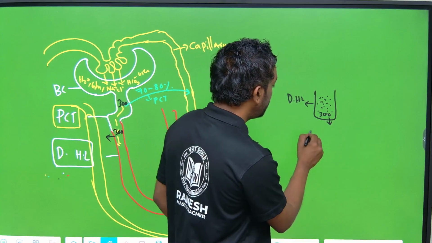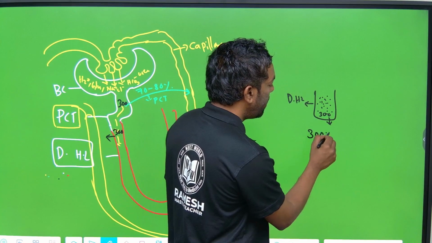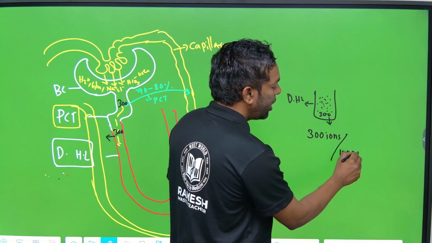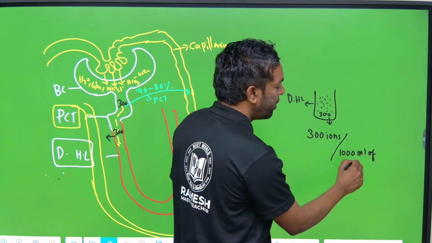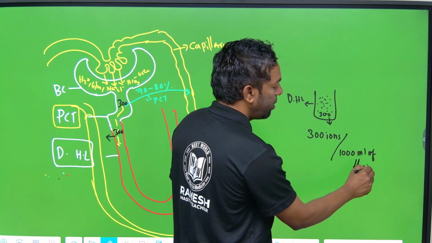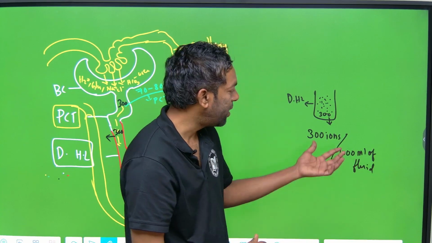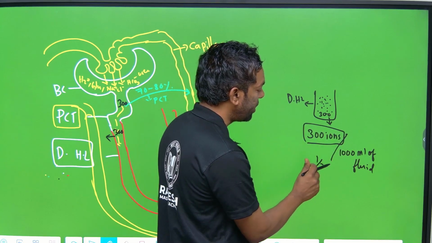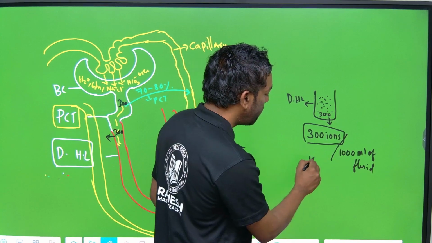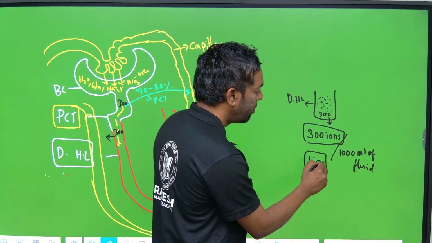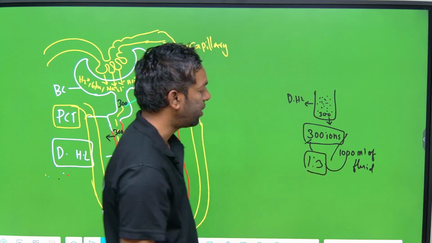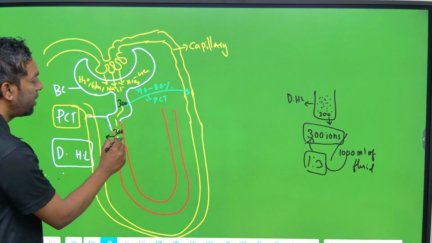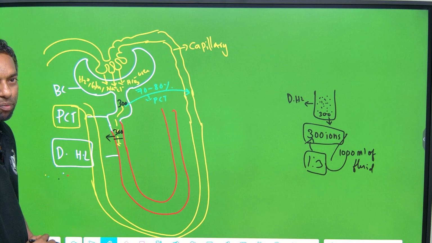We have to write this as 300 ions per 1000 ml of fluid or water, so 1:3, a 1:3 ratio of fluid and ions is there, here in the descending Henle loop.